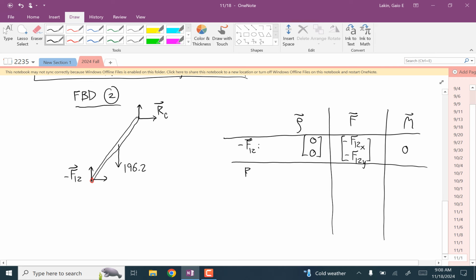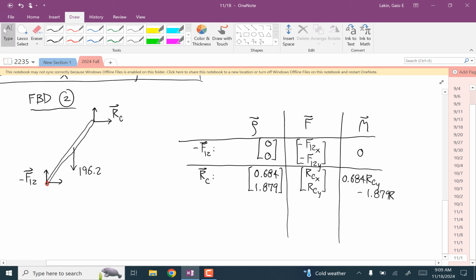At the top, we have RC. That row vector is 0.684, 1.879. The force is RCX, RCY. So 0.684 RCY minus 1.879 RCX.